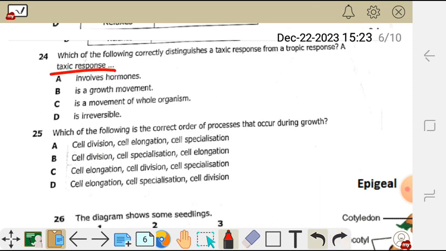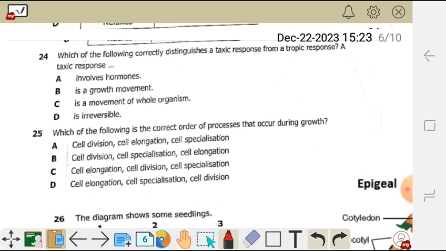A taxic response, A, involves hormones, B is a growth movement, C is a movement of the whole organism, D is irreversible. When we were looking at the GCE 2022 paper, I explained what taxic and tropic response is.